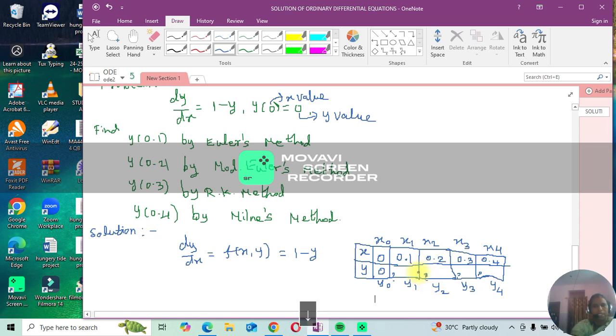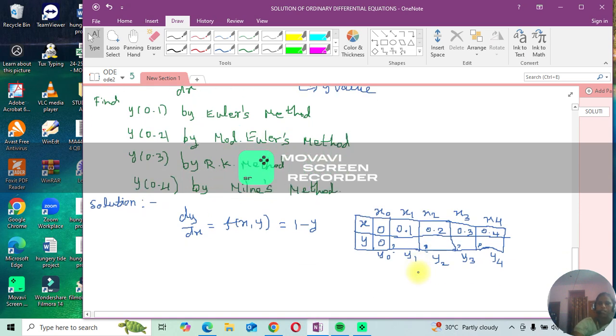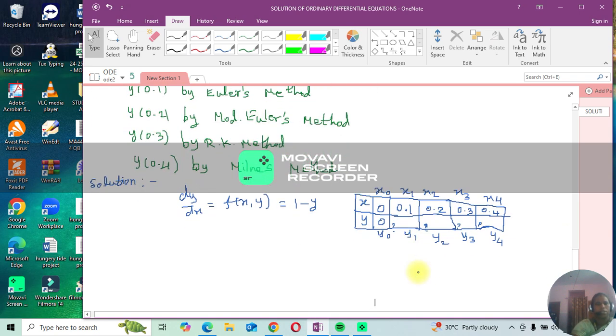So first method is Euler's method. Using Euler's method I want to find y of 0.1. So what is y of 0.1? Y of 0.1 is nothing but y1.